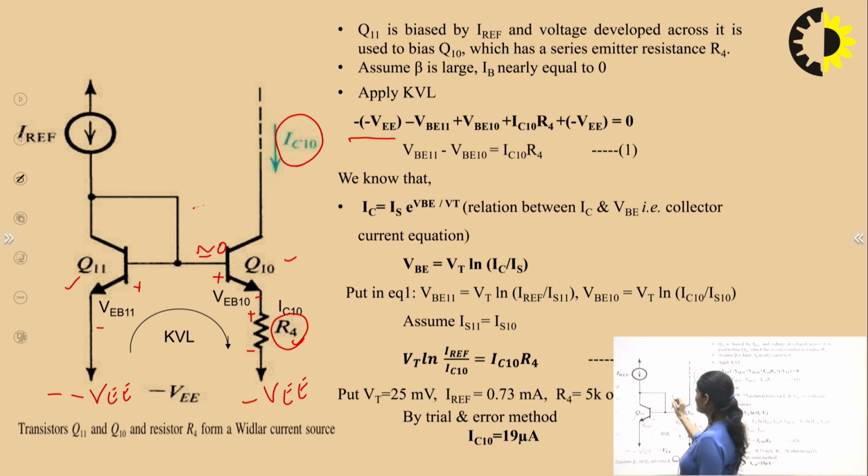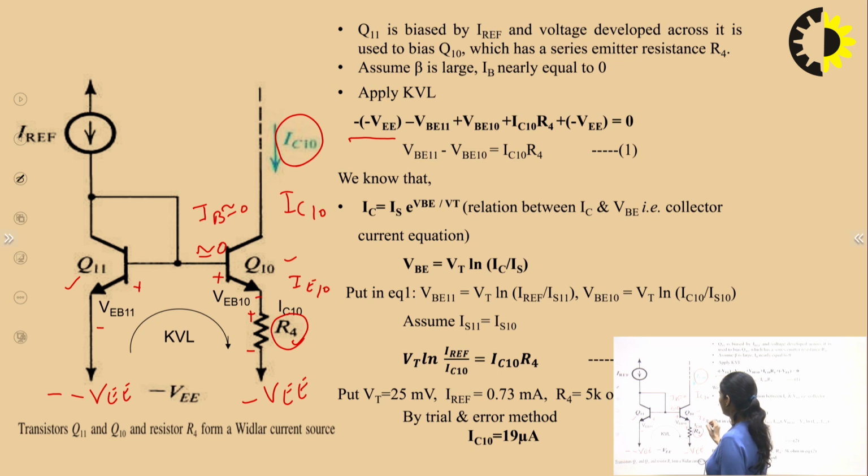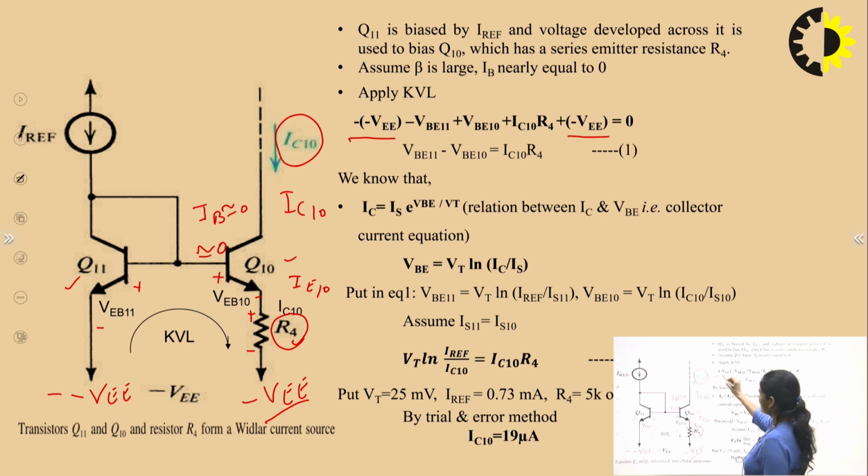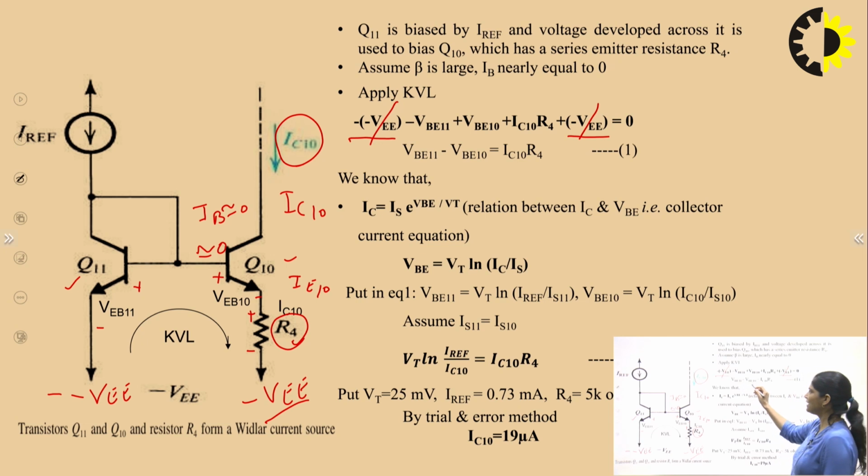Here if IB is nearly equal to 0, it means IC10 is equal to IE10, so we replace IE10 with IC10. Now the VEE terms cancel out, and we get VBE11 minus VBE10 equals IC10 R4.